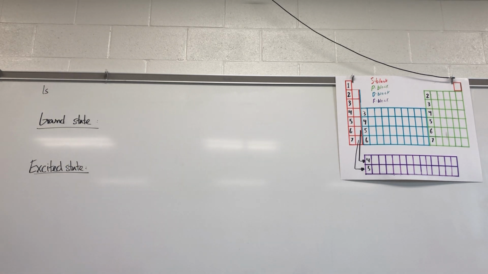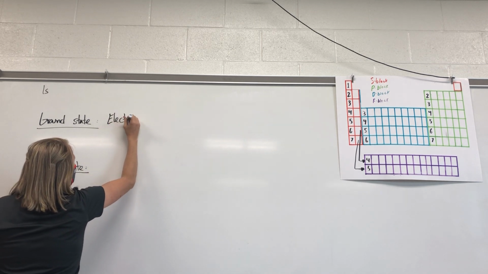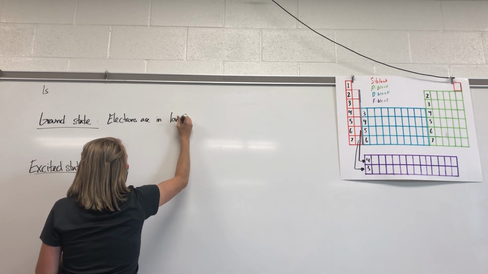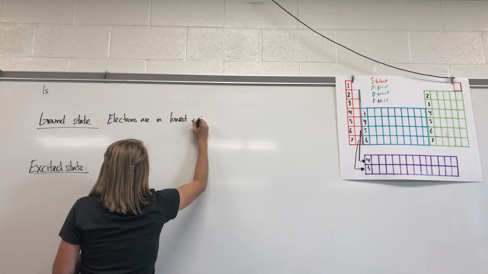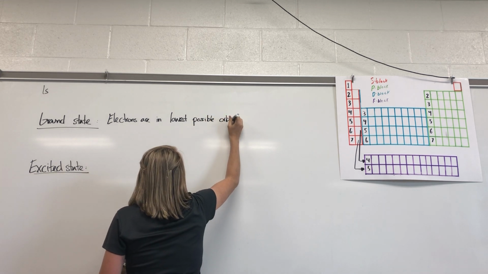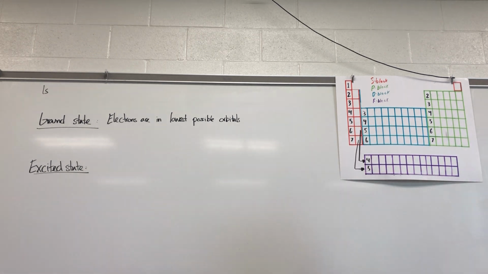A ground state configuration is when the electrons are in their lowest possible orbitals. They're on the ground. It's as low as it can go. Pretty much something in its ground state is following the rules as we would expect.